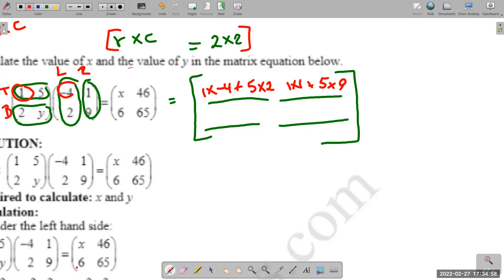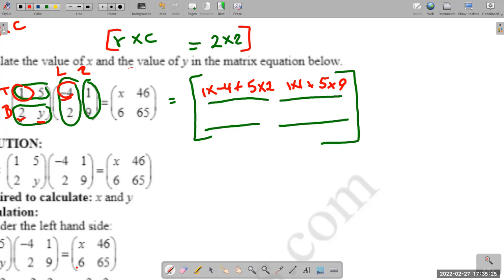Now we want to get the value for the bottom left position. This is the bottom left position. So let's see if you could pick up on what we're doing, even if you're not sure or confident. So let's go. Look at the bottom numbers. What are the bottom numbers? 2 and Y. What are the left values? -4 and 2. So you multiply the first two in each, add it to the product of the second two.